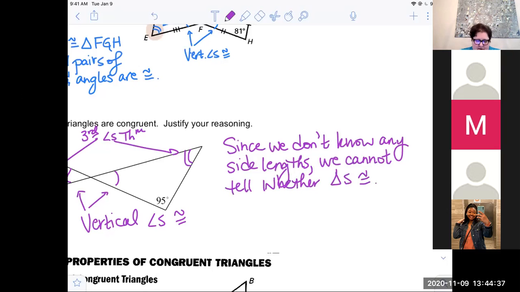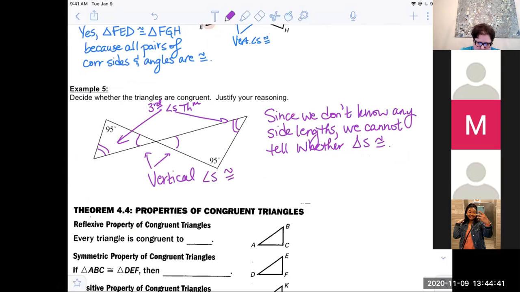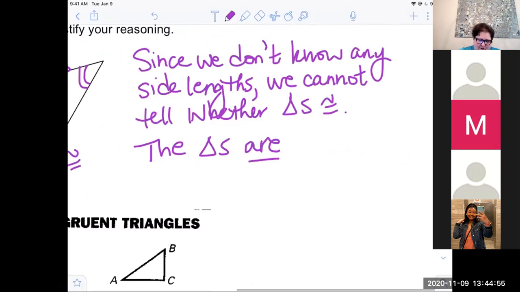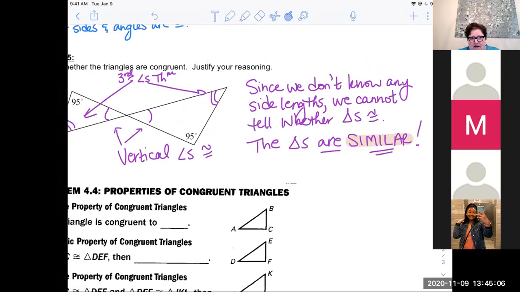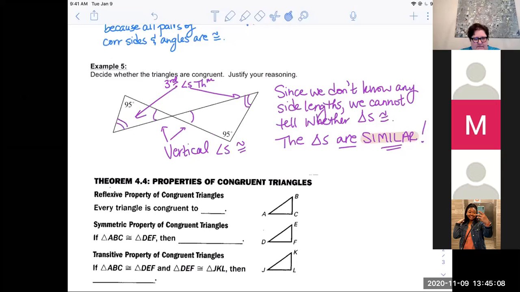However, we can say that they're what? Similar. We can say the triangles are similar. So if you know all the angle measures match up, but you can't determine any side lengths, then that still will make the triangles similar. They'll have the same shape, but they might be different sizes.